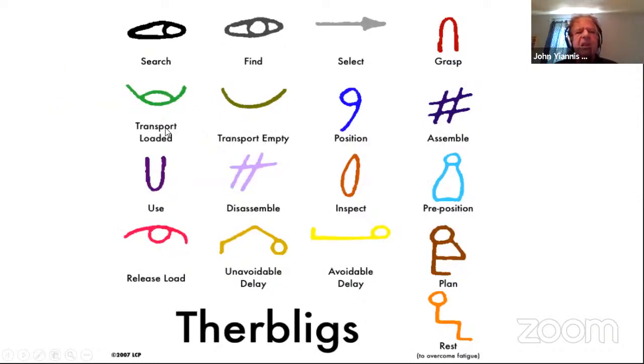They are like transport loaded, when your hand is moving and holds an object, or transport empty, your hand is moving and it doesn't hold anything, or position an object, or preposition, or assemble, or disassemble, or search when you are looking with your eyes for something, select, and so on and so forth, grasp.